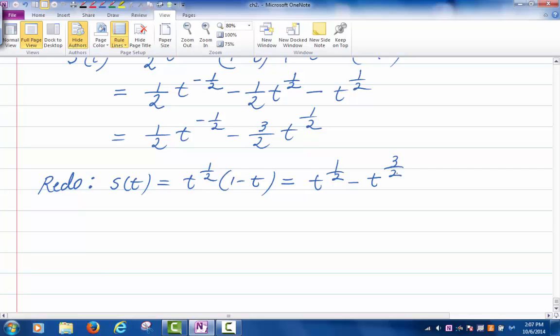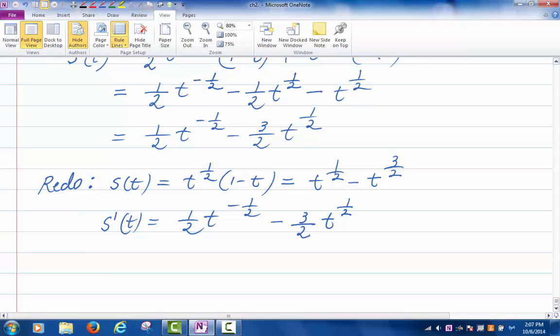If I multiply out, and now if I take the derivative, I get half t to the negative half, right? Half minus a 1. And then minus 3 half t to the 3 half minus a 1, which is 1 half. And notice that this time I didn't have to do much simplification.